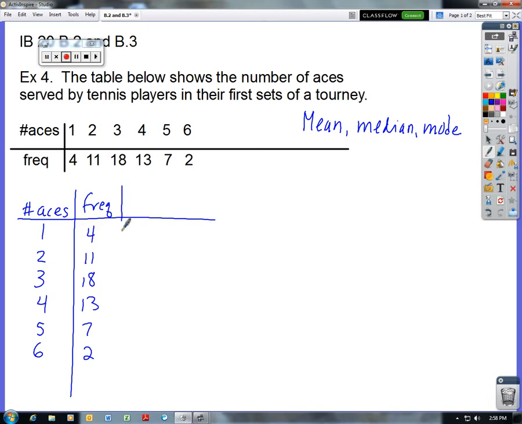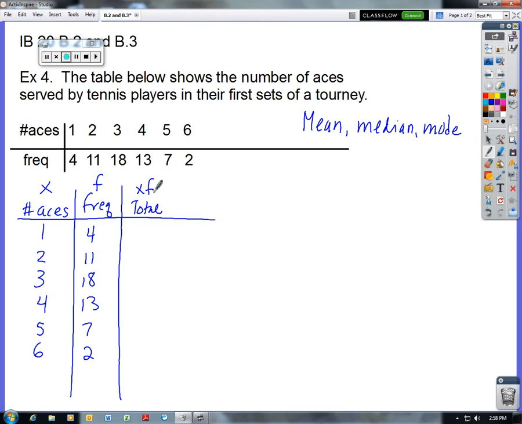So you're going to have a column where you total. I'm remembering the notation the book used. This is X, this is F for frequency, and then you're going to multiply X times F to get the total.